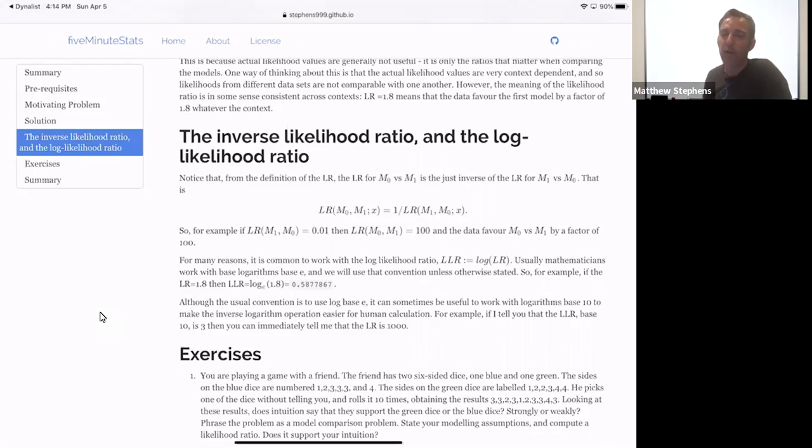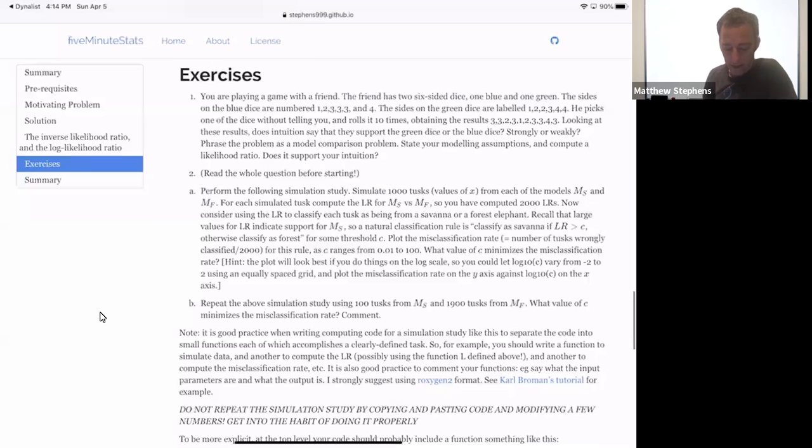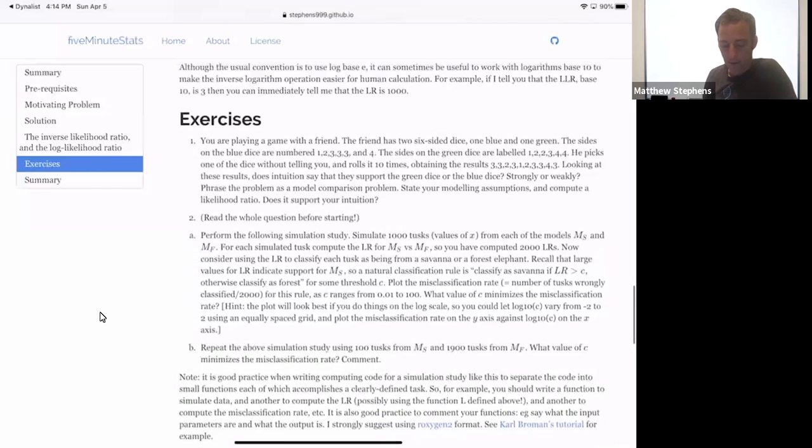For example, if I tell you that the log likelihood ratio is 3 base 10, then you can quickly tell me it's actually 1,000, which is kind of big. It's a bit harder if we use base e, but okay. So that's a minor point. And there are some exercises you can try here to test your understanding of these ideas.